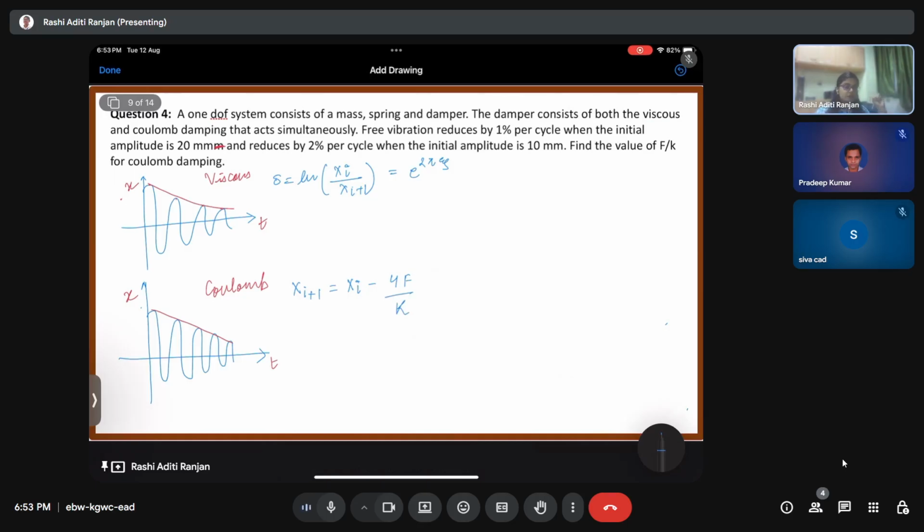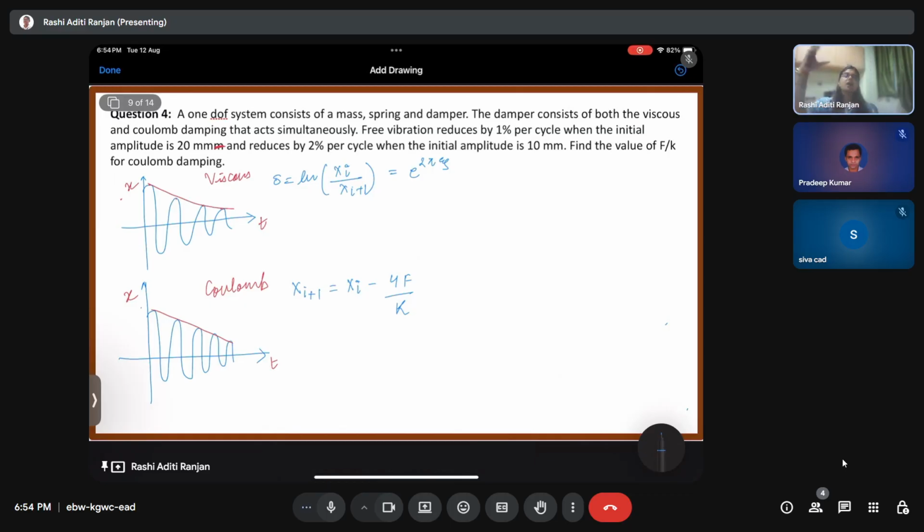Right? This was the relation that we had, if you remember. Now, if I want to use these relations to get what I want, first thing is that there is reduction, right? Now, the reduction in total is 1%. There is some contribution of viscous damping and there is some contribution of Coulomb damping. I don't know what is the amount of contribution, but I do know that how can I relate my initial state to the state after one cycle by these two relations.